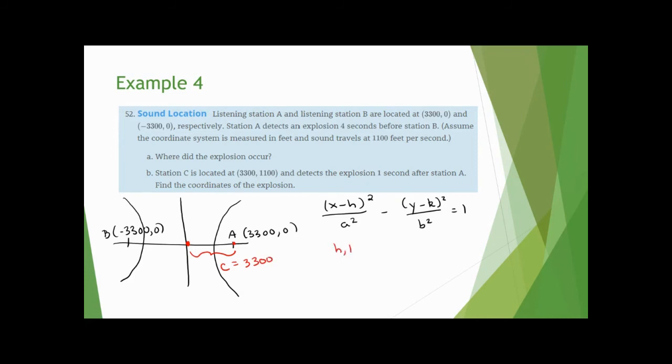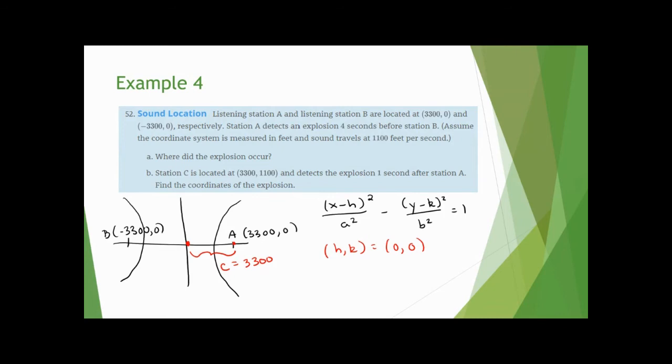And h, k here is equal to 0, 0. So we know c and we know the center, but to get our equation we need to figure out a squared and b squared. The only way to figure out b is in terms of c and a, so we need to figure out a.